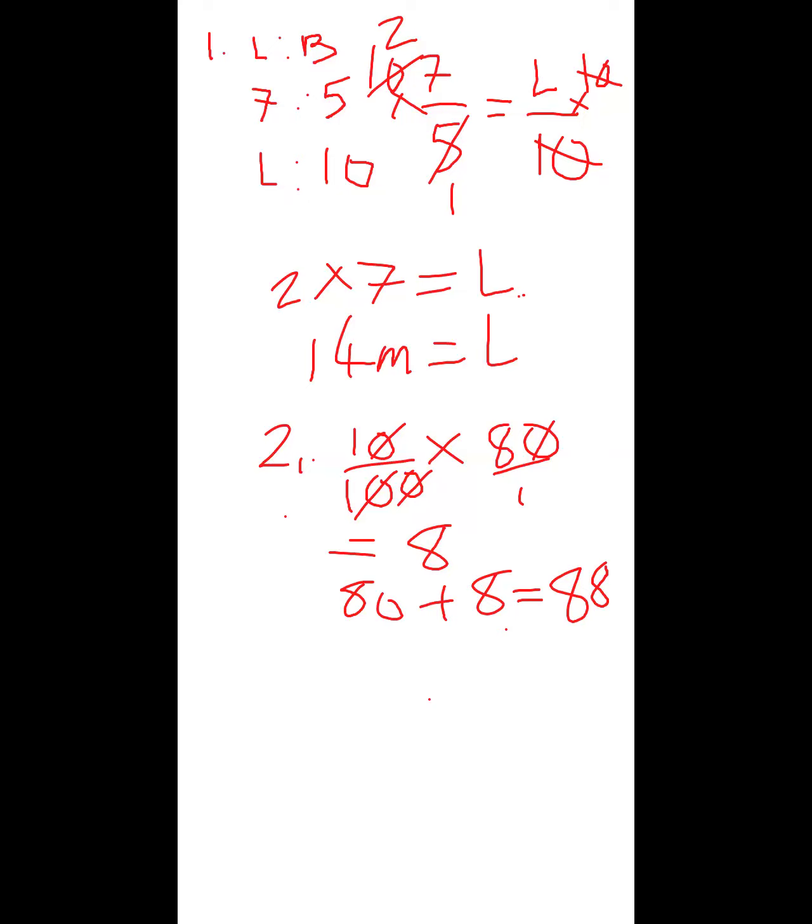And then once I turn 10 into 0.10, multiplying 80 by 0.10, I turn that back into a full number, so 10 times 80, and then I turn it back to a decimal and I count the amount of decimal jumps, and I add those decimal jumps to my answer. So if I was to do that, there would be two decimal places. So that would give me 8.00, which is also 8.